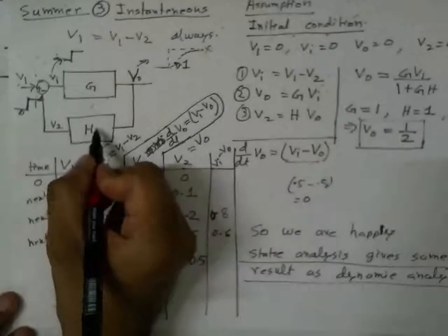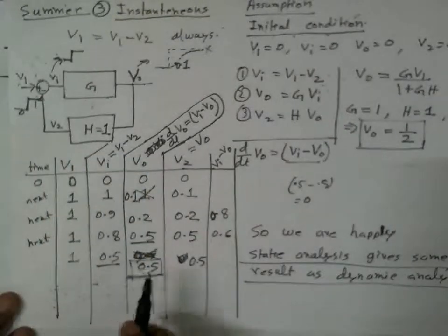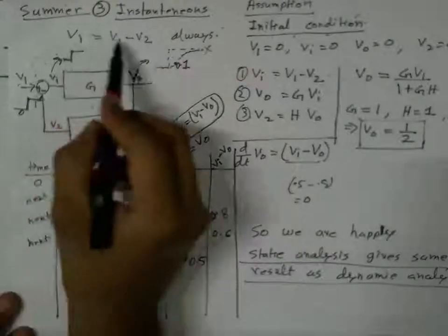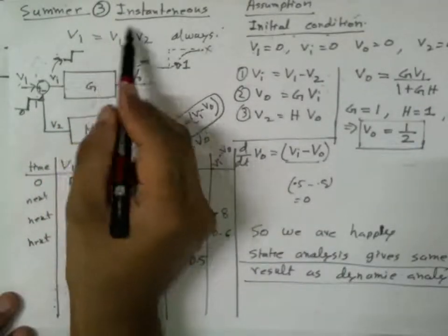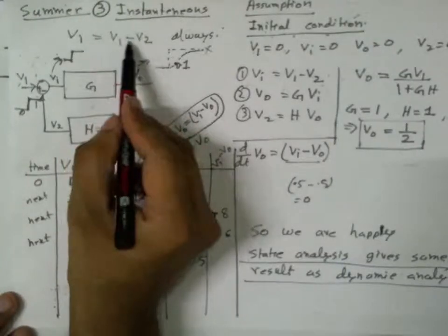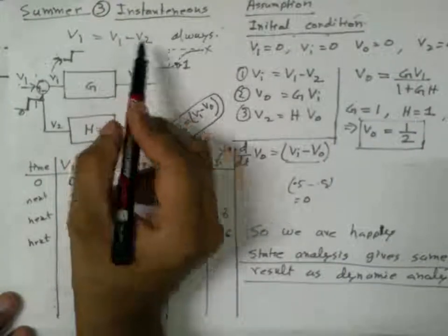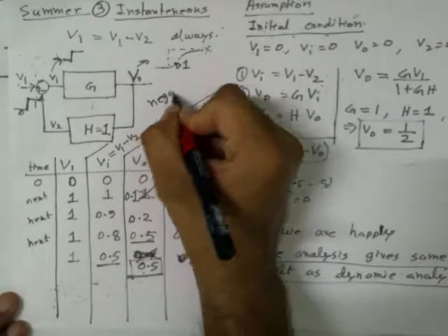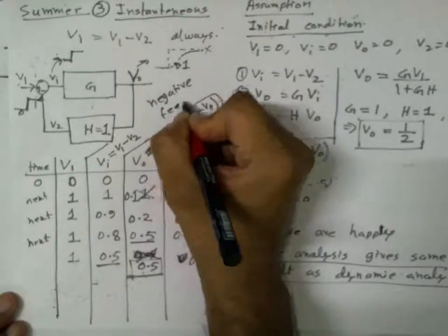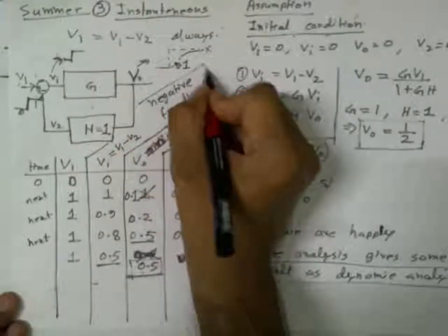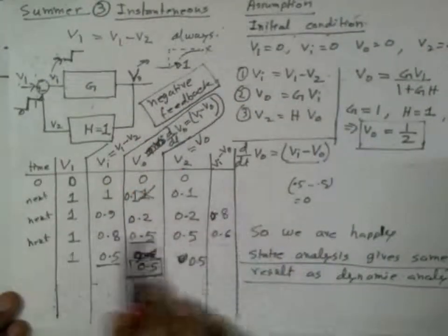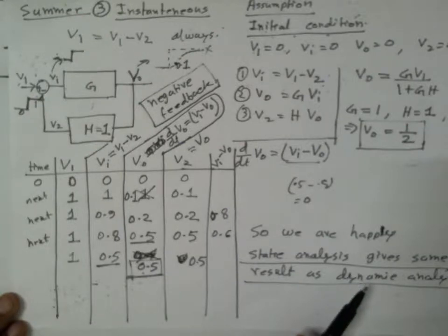Whereas in the previous diagram where h was equal to plus 1, then this minus and this plus resulted into a proper subtraction. Okay. So this minus was really minus, negative. So that's why we call this situation a negative feedback situation. And in this situation we saw that the static analysis and the dynamic analysis gave the same result.